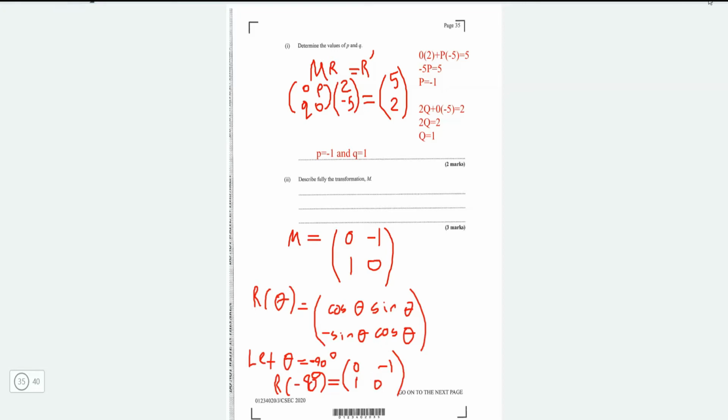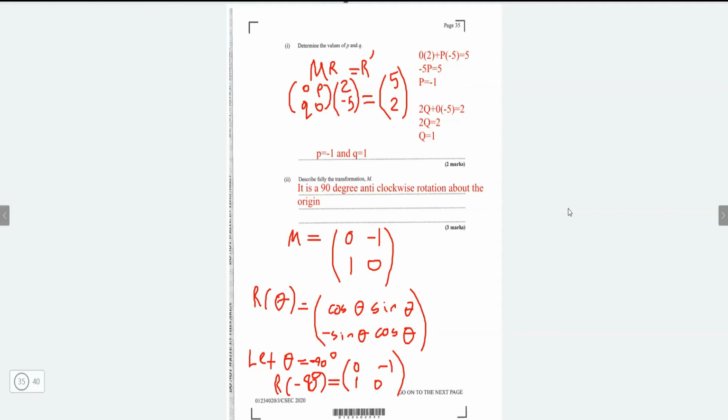What that means is the matrix, the transformation M, is a 90-degree anti-clockwise rotation about the origin. That's all. It's a 90-degree anti-clockwise rotation about the origin.